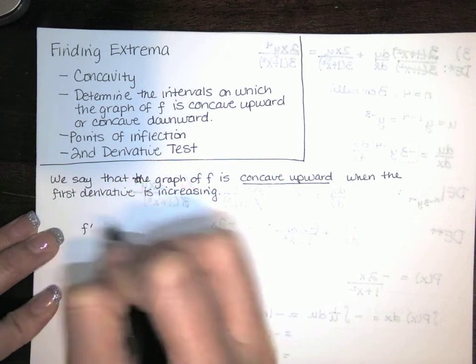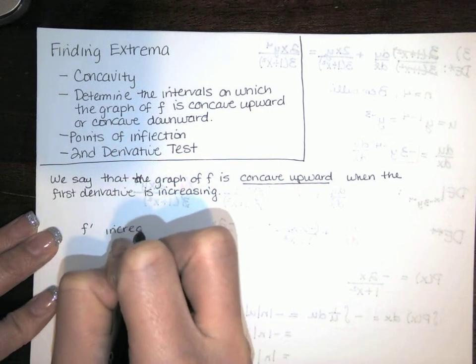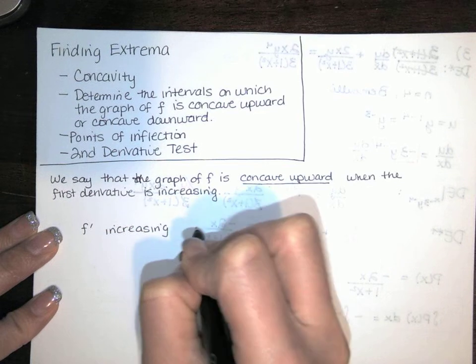So when f prime is increasing, we say that the graph is concave upward.